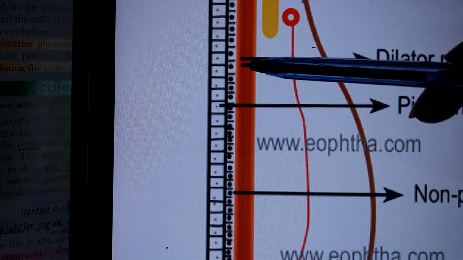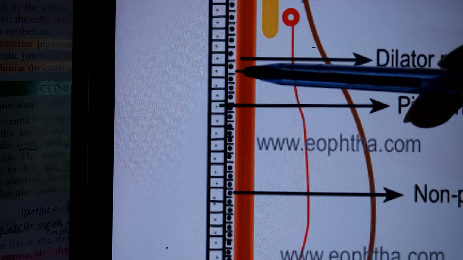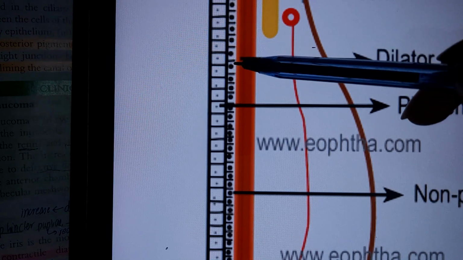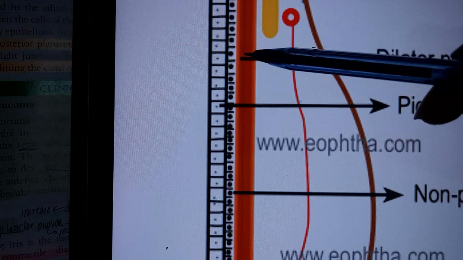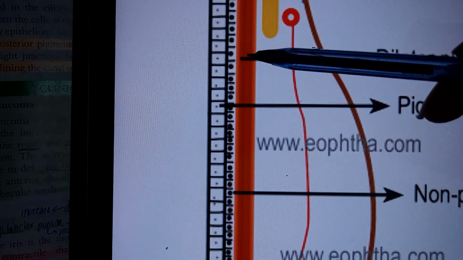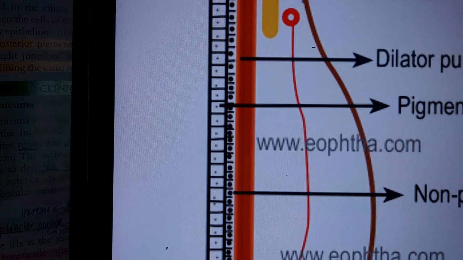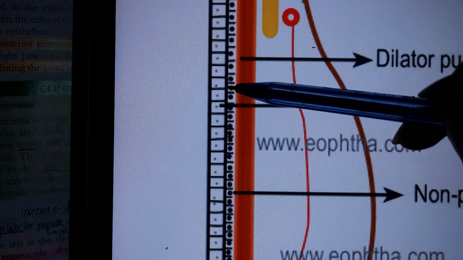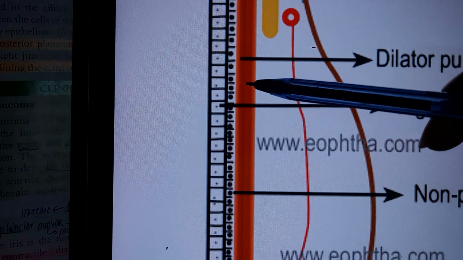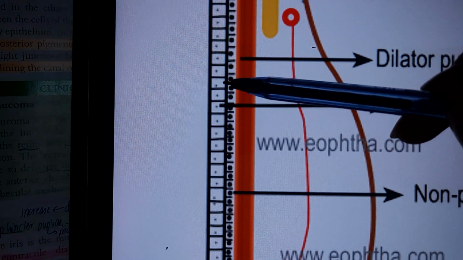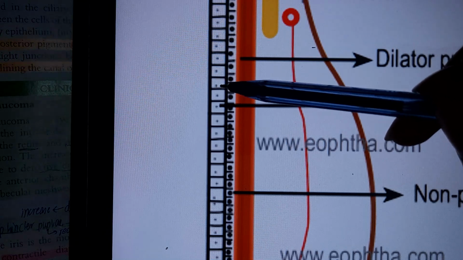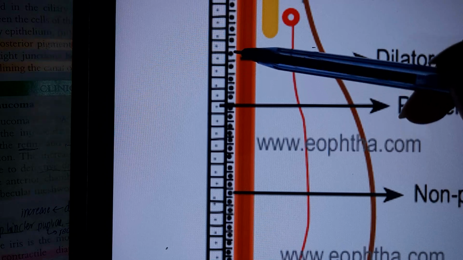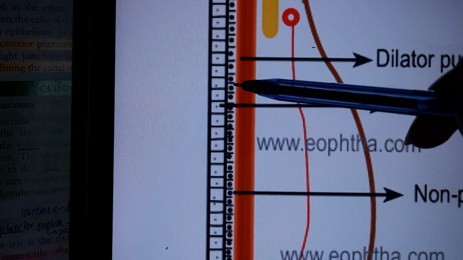The anterior side of these cells, or the basal region, has myofilaments, and these myofilaments or myoepithelial cells also contribute to the formation of the dilator pupillae muscle. So the basal portion is towards the dilator pupillae and has myofilaments, whereas the apical portion is toward the posterior pigment epithelium, and it has a certain amount of melanin pigments. That was about the non-pigmented anterior layer.